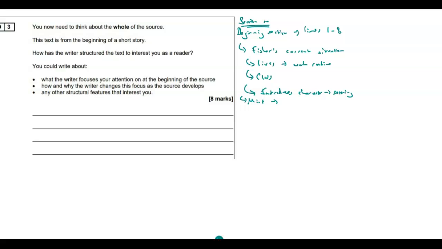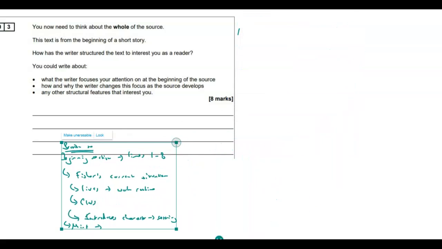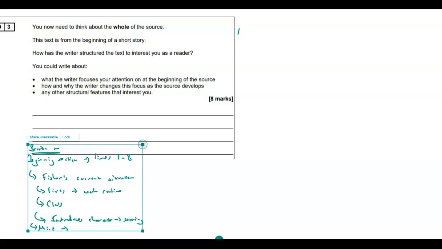I'll put that down here. Section 1. Section 2, which is lines 9 to 24.